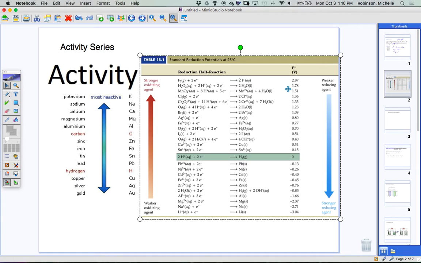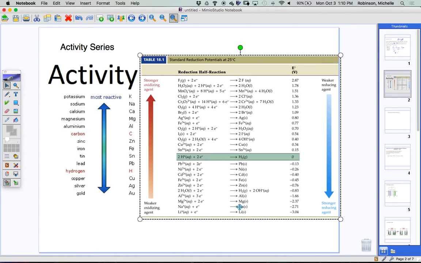So if they're making cations, they are always oxidized. So metals that are very reactive, that are easily oxidized, would have negative potentials, or would be further down on the particular chart I have. So lithium would be the most active metal.